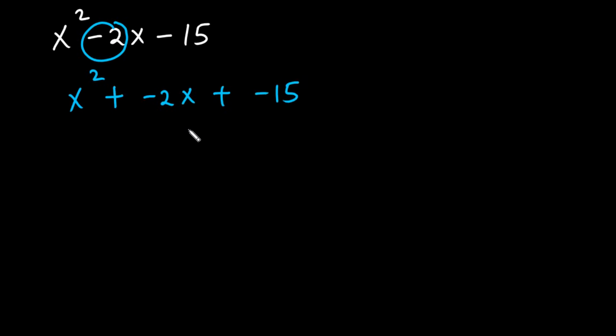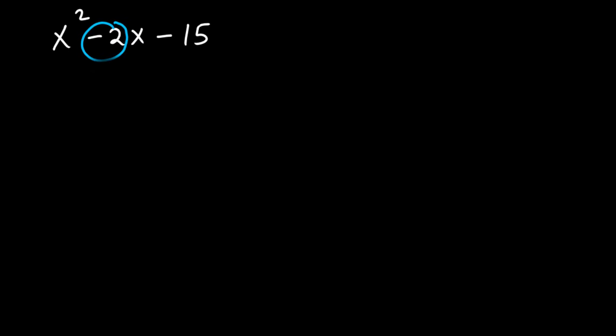Okay, but from our knowledge, we know that a plus and a minus can be represented by a minus. So instead of writing plus minus 2x, we just write x minus 2x. Okay, so don't get confused.